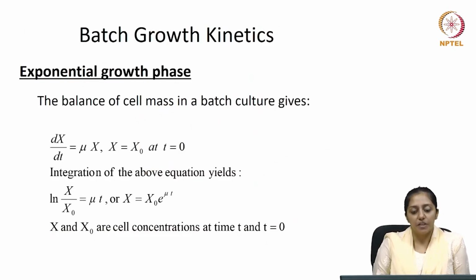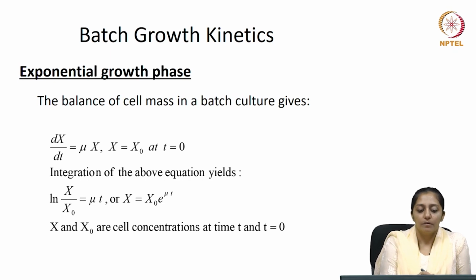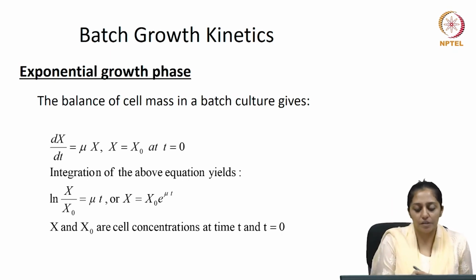Let us see the exponential growth phase. With the balanced growth assumption, we know that for a batch culture, the rate of change of cell biomass can be given as specific growth rate times the cell concentration.